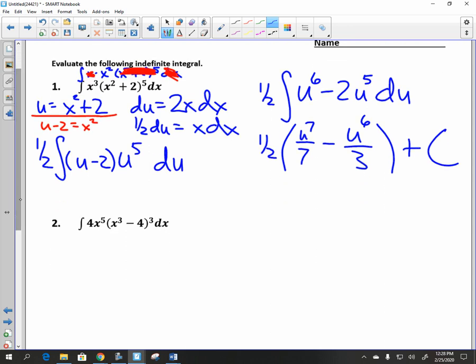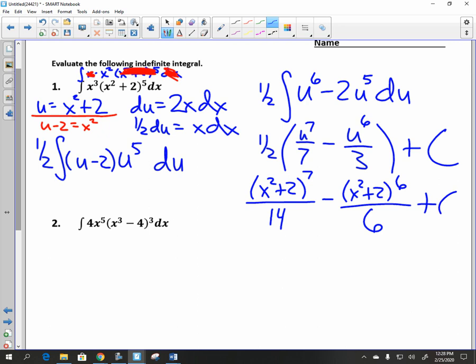And what do I put in the place of u? 1/2 times, or I'm sorry, we said we are going to get rid of that. My apologies. x squared plus 2 to the 7th over 14 minus x squared plus 2 to the 6th over 6 plus a constant.